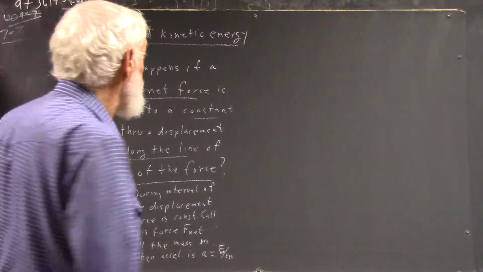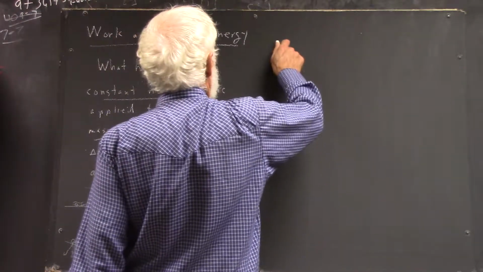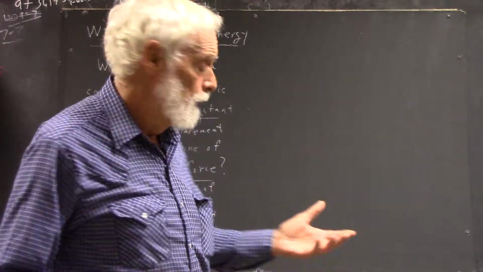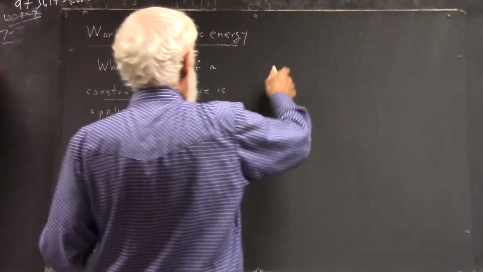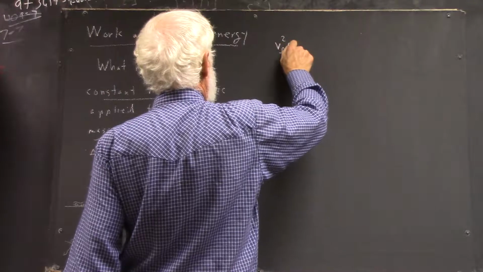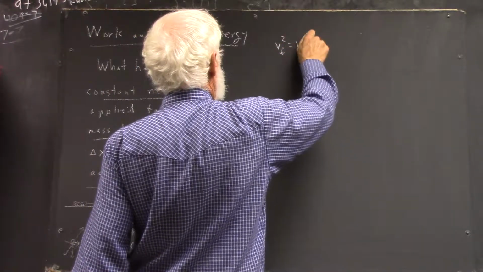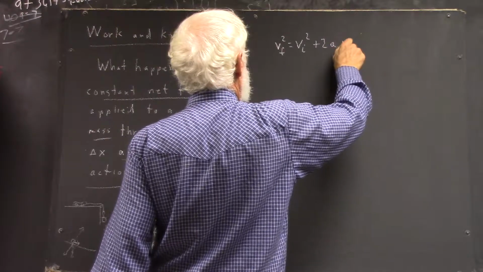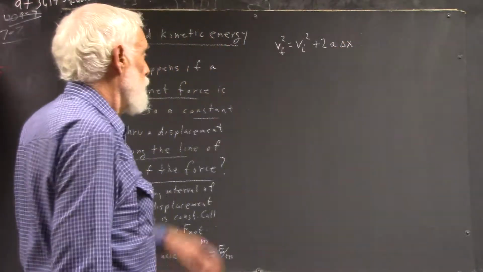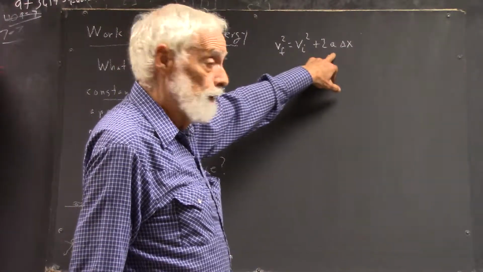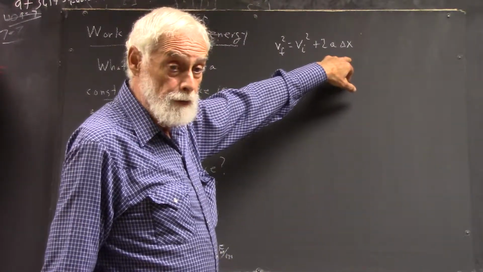Okay? Well, we have an equation of uniformly accelerated motion, which is easily derived from first principles. It tells us that final velocity squared minus initial velocity squared is twice the acceleration times delta x.